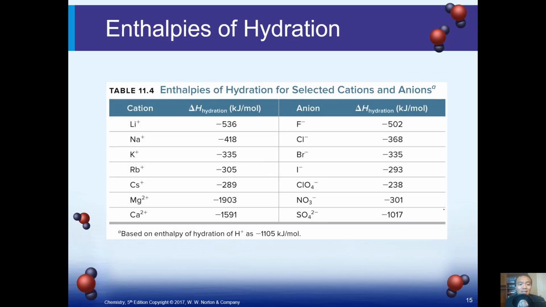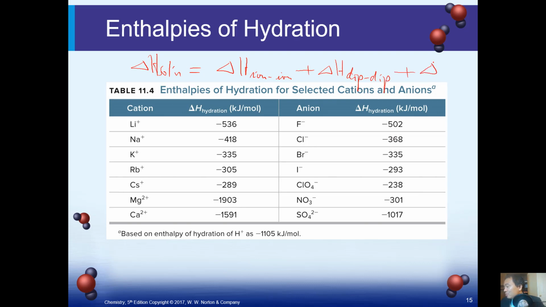Now let's look at the hydration enthalpy. So what is hydration enthalpy? A quick review. When we write the delta H for the solution, it equals the delta H for ion-ion, that's the solute separation, plus delta H for the dipole-dipole, remember that's the solvent separation.